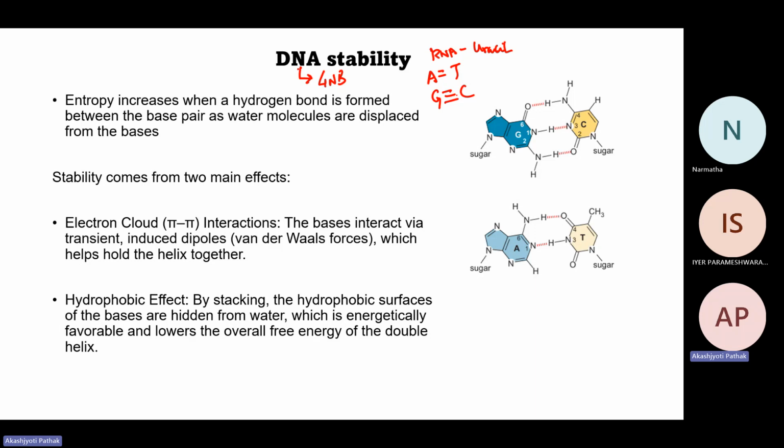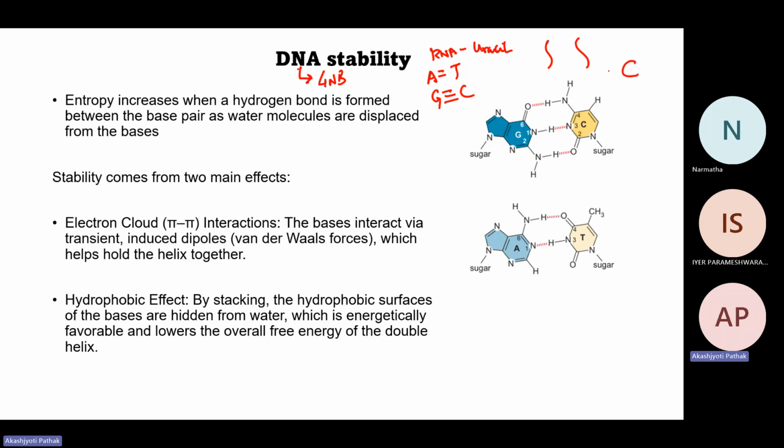But there is one thing you must understand here. For example, first consider that the two polynucleotide strands were separate, right? They have not associated with each other. When the nitrogenous bases were separate, in the solvent they were forming hydrogen bonds with the water molecules.